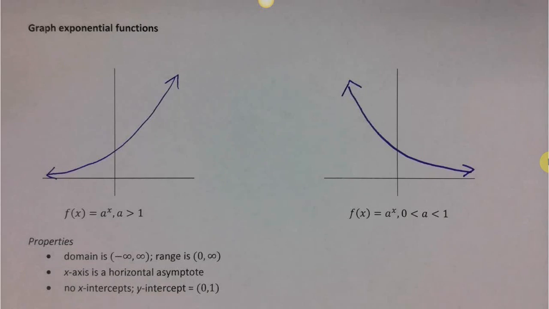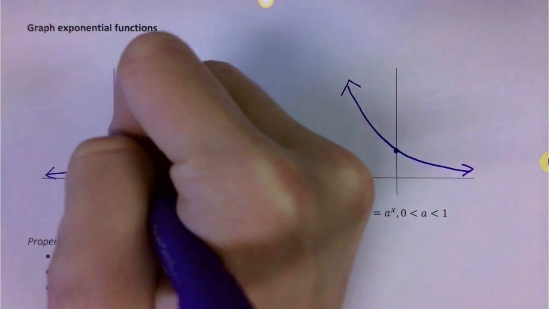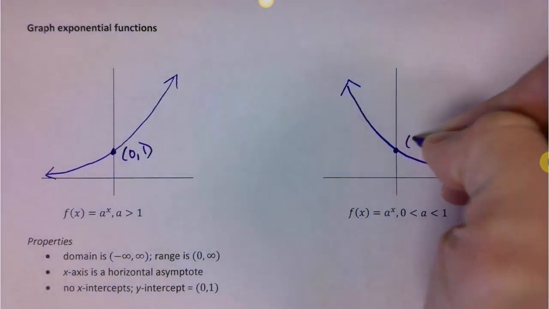And then also because we never touch or cross the x-axis, we don't have any x-intercepts, but we do have a y-intercept in both of these cases of (0, 1). So each of these points would be located at (0, 1).